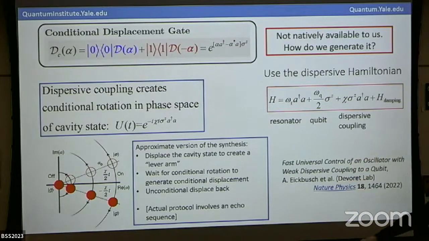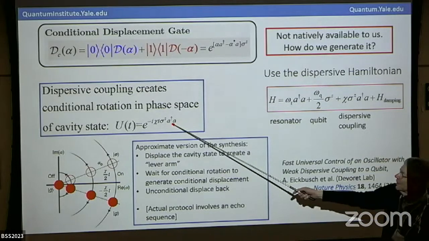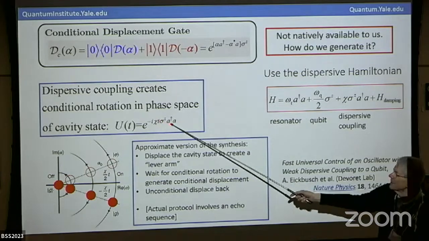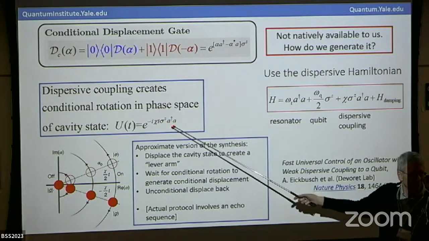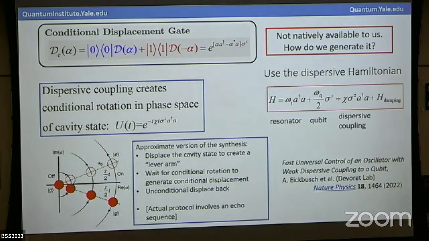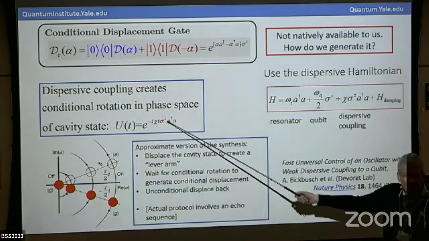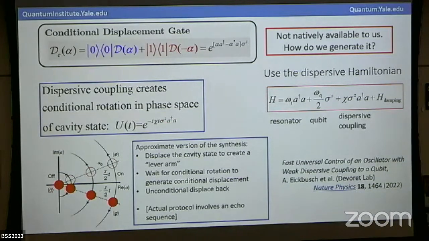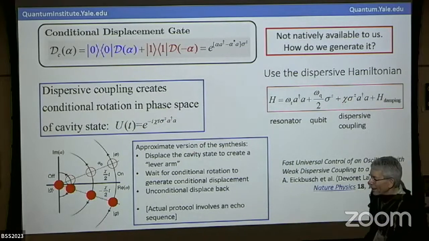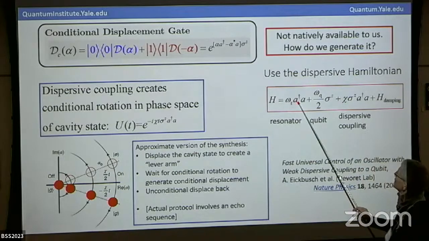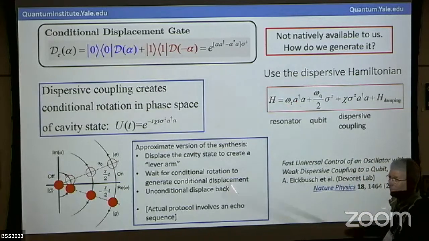And it changes, this is what the Hamiltonian, if you forget the sigma z, that's what the time evolution of a harmonic oscillator looks like. It's just going around in circles in phase space, both classically and quantum mechanically. So now the rate at which it's going around depends on the state of the qubit. And I'm going to be in the interaction picture where you forget about this very rapid rotation here.